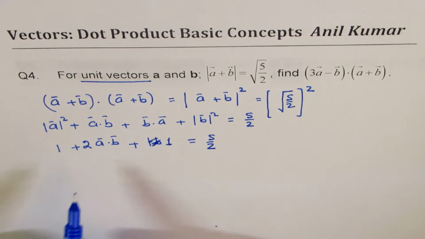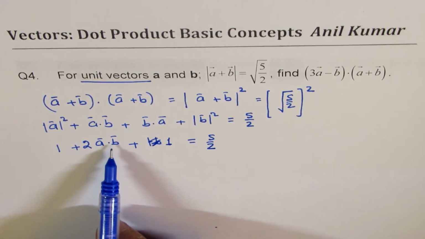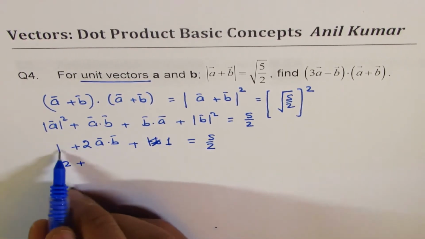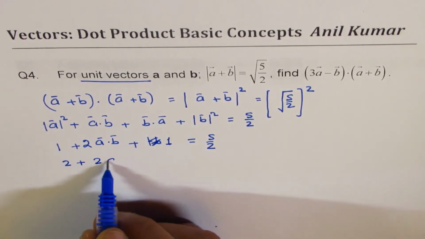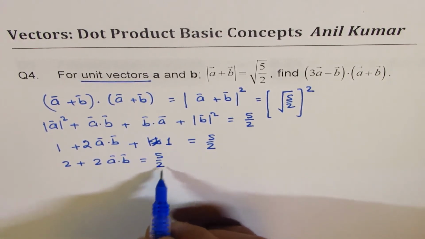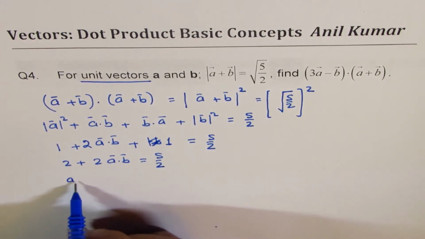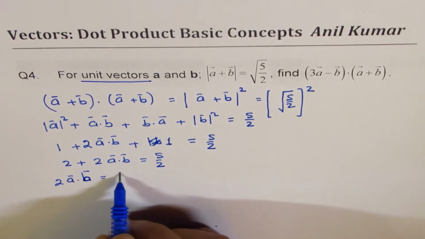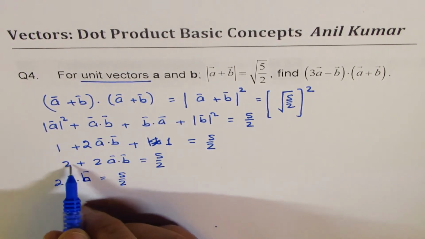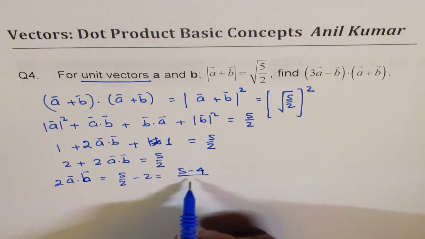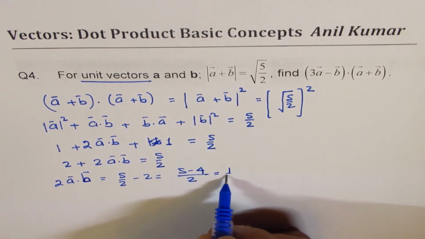Now from here, we can find what A dot B is, right? So what we get here is 2 plus 1 plus 1 is 2. 2A dot B is equal to 5 over 2. And therefore, let me write A dot B times 2 first, is equal to 5 over 2 minus 2, which is 5 minus 4 over 2, or half.